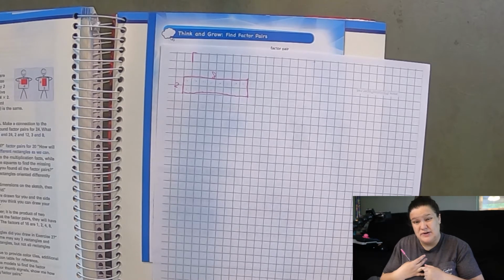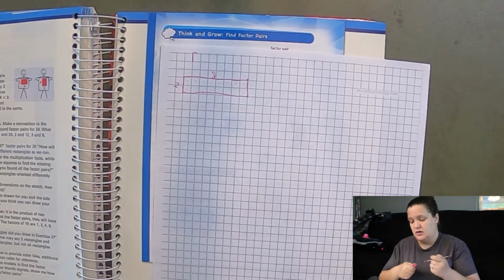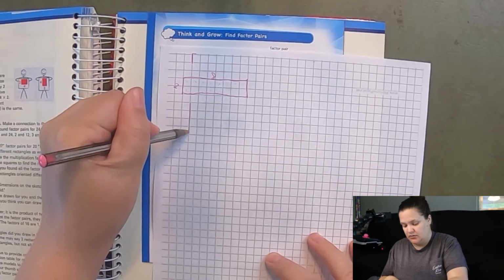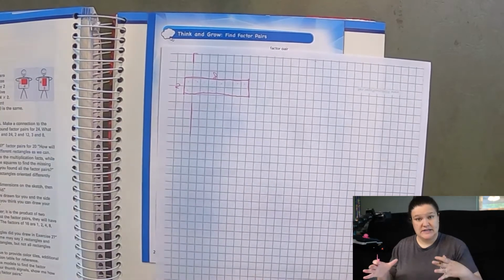Can you multiply 3 by something to get 16? No. What about 4? Can you multiply 4 times something to get 16? Yes, you can. So that would be another one, 4, and then you would count till you get to 16.